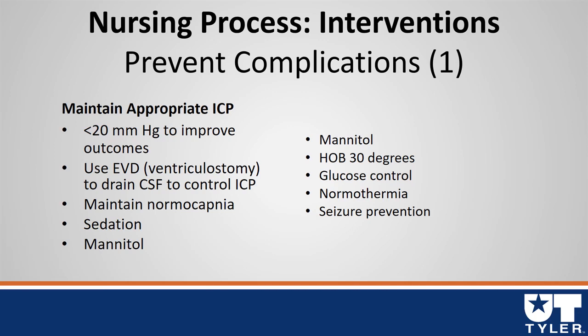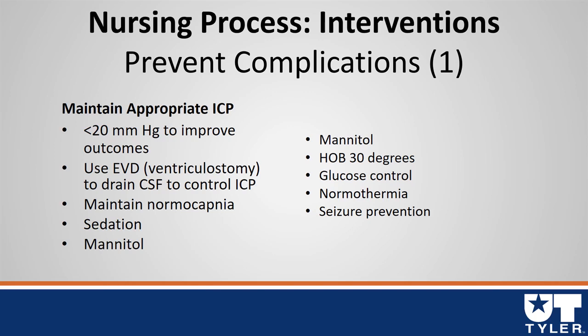Elevating the head of the bed 30 degrees promotes venous return, increases cerebral spinal fluid drainage, and decreases ICP. Also, glucose control. Maintain glucose levels of less than 110. Studies have shown this can result in lower mean ICPs than in patients whose glucose levels exceeded 220.